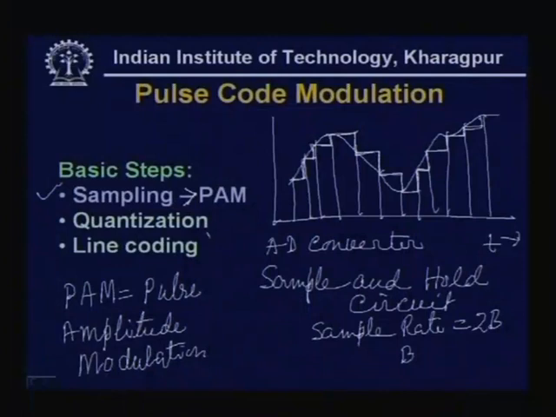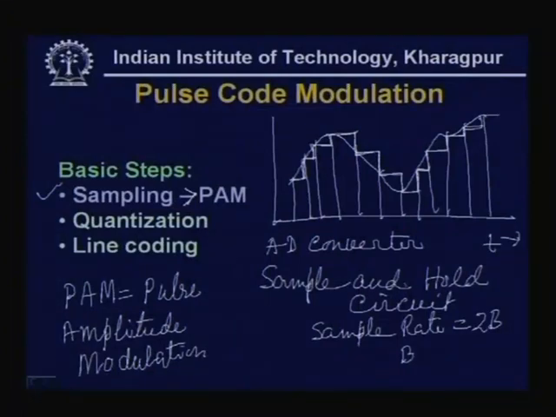If it is 8 bit, then it will have 256 different quantization levels. The analog value had all possible voltage levels, and it is now converted into discrete values depending on the number of bits used in the converter, and that leads to what is known as quantization error, as we shall discuss later.